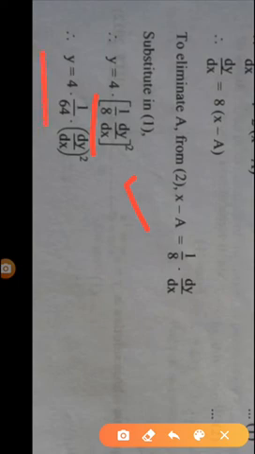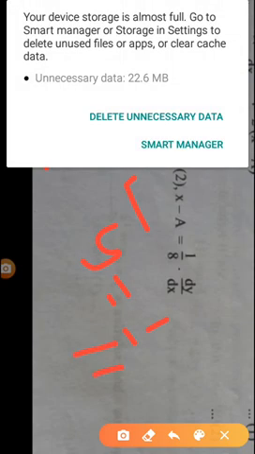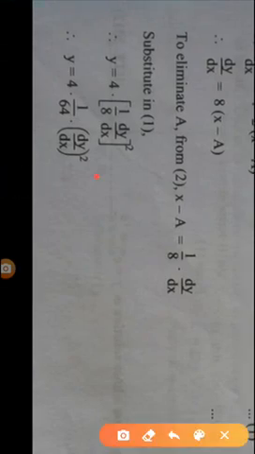Now y is equal to 4 into 1 by 64 into (dy by dx) square, and it can be simplified to y is equal to 1 by 16 into (dy by dx) square, and that is the required differential equation. So in this manner we can find the differential equation.